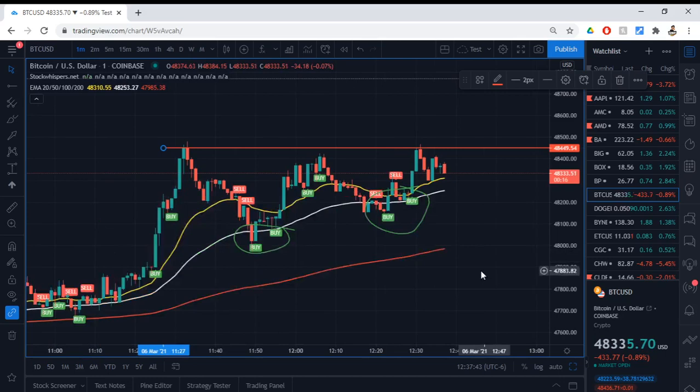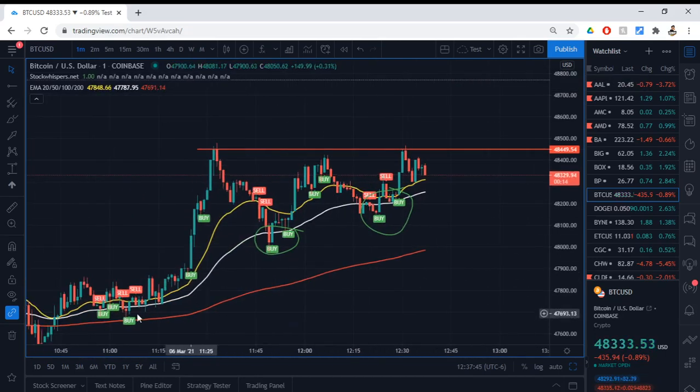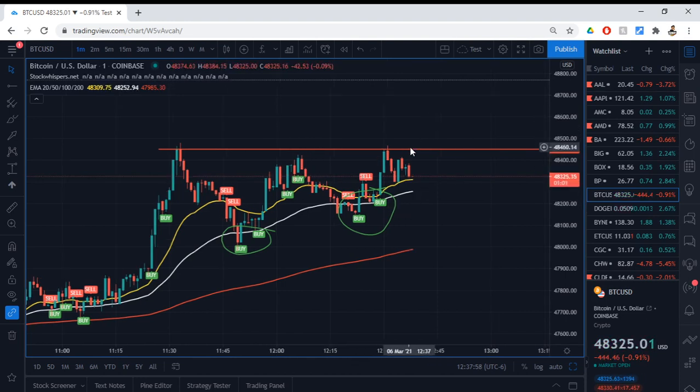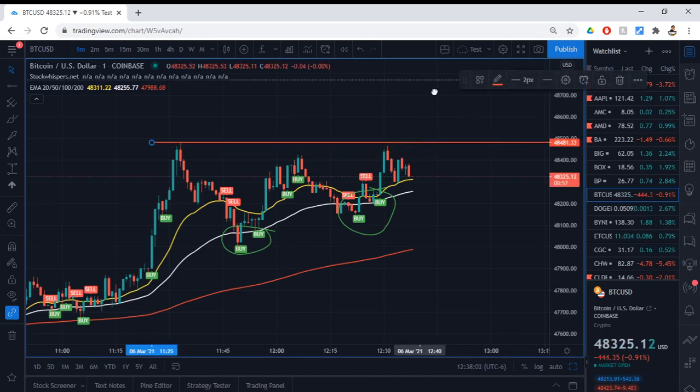Of course, this is the 1 minute. Our condition is still met ever since here. We could have bought here. There's a little bit of resistance here. Trend is still looking good. So we should still be taking the buy signals, or we can wait for this to break up and take any buy signals once it's up above this resistance.